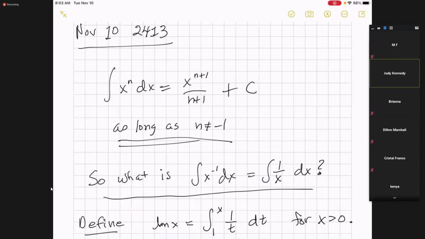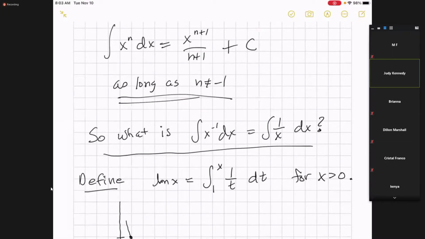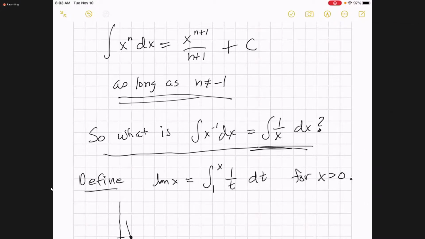So that brings up the question, what do you do when n is equal to minus 1? In other words, what's an antiderivative of 1 over x, which is the same thing as x to the minus 1? 1 over x has domain all the real numbers except for 0.